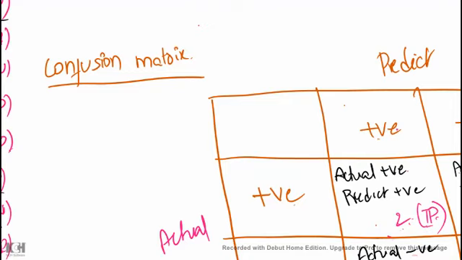Now, for example, the person is actually a defaulter, who will take the money and run away. The person is a defaulter and you have predicted a non-defaulter, and you have given the loan.